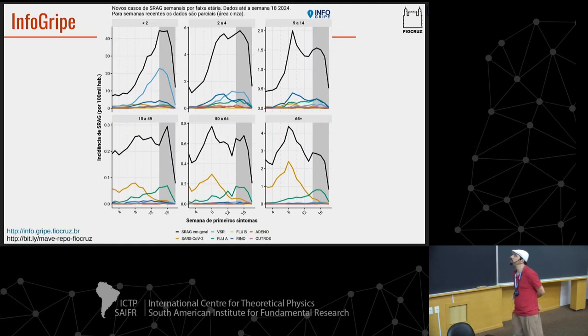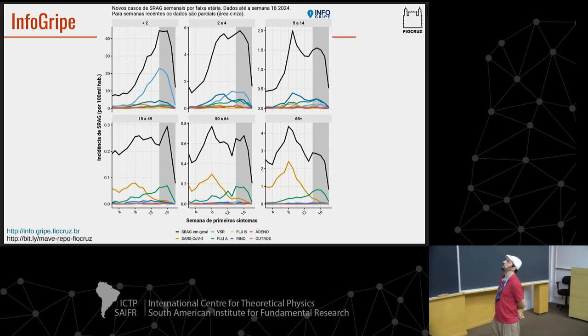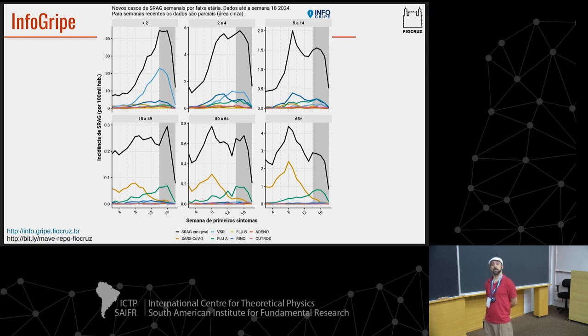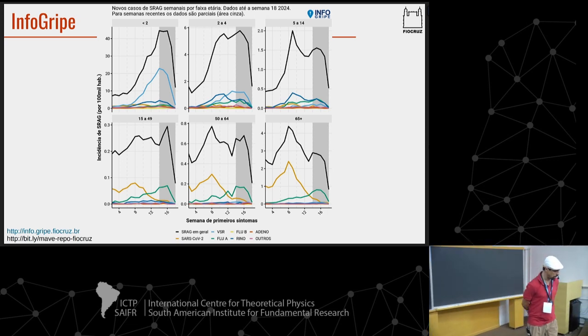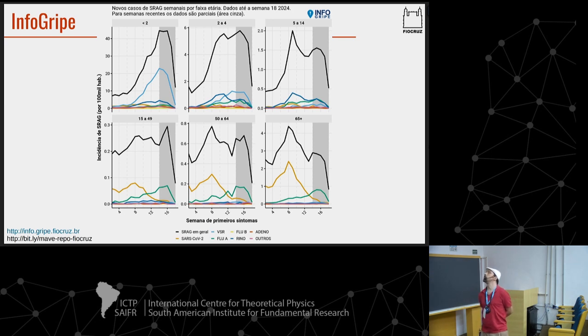Now, remember that we also discussed that for SARI in particular, for this syndromic surveillance, age stratification is extremely important, right? Why? Because for the pathogens associated with this syndromic surveillance, so influenza, SARS-CoV-2, RSV, the severity of the cases associated with each of those viruses depends on age.